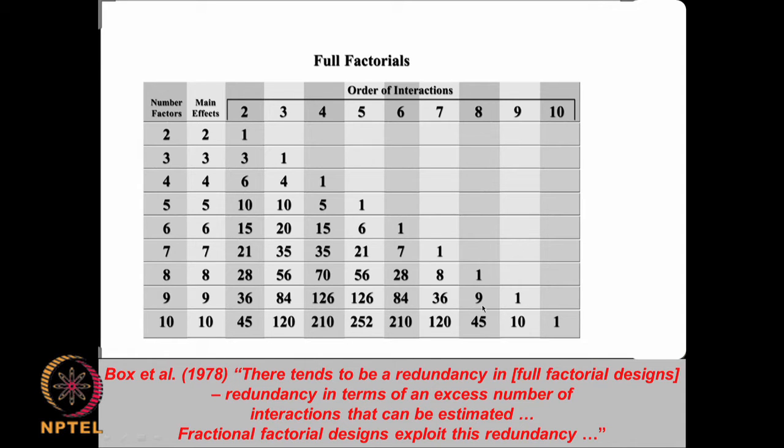So, the advantage is that we can look at the interactions, like if you have say 3 factors, 2 raised to the power 3 design, 8 experiments, we can look at interactions AB, AC, BC.